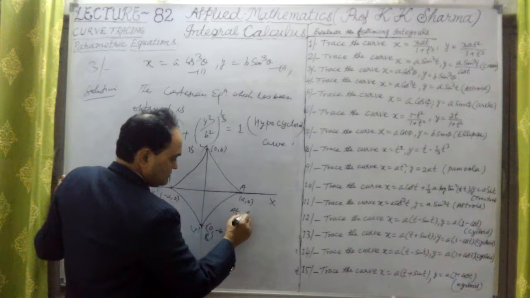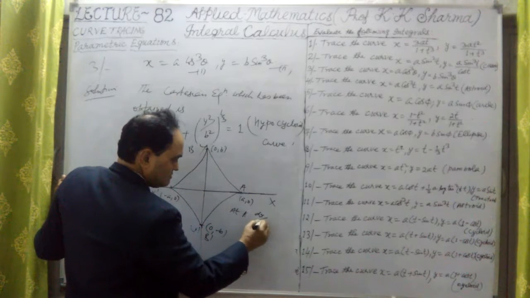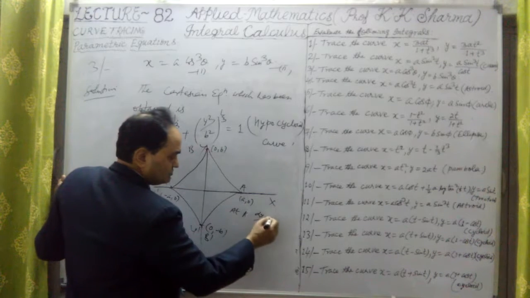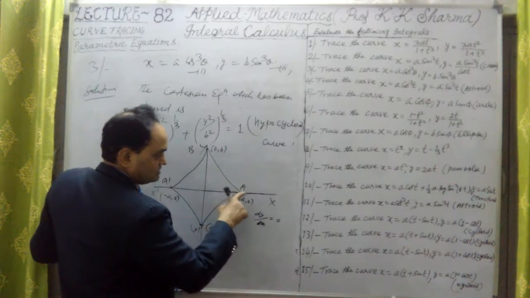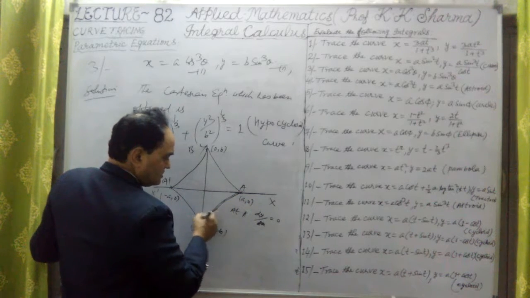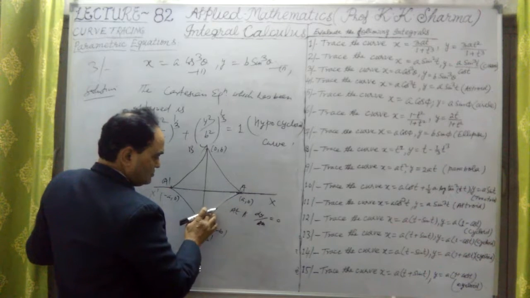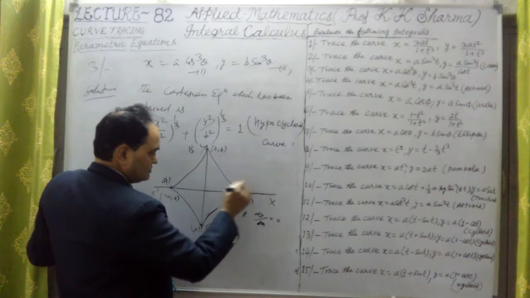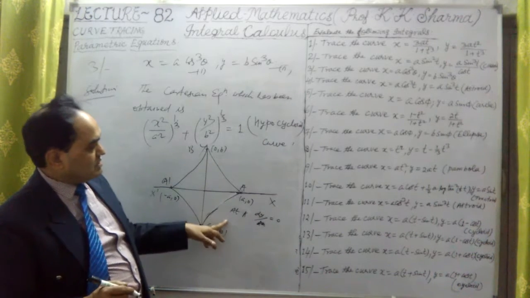So at a, dy by dx, if I solve this equation, will be, sorry, 0 here. That means the tangent is making angle 0 degree with the axis of x at this point a, 0. That means the x-axis is the tangent here. And the tangent at the axis is along the axis of x. So this is the curve.